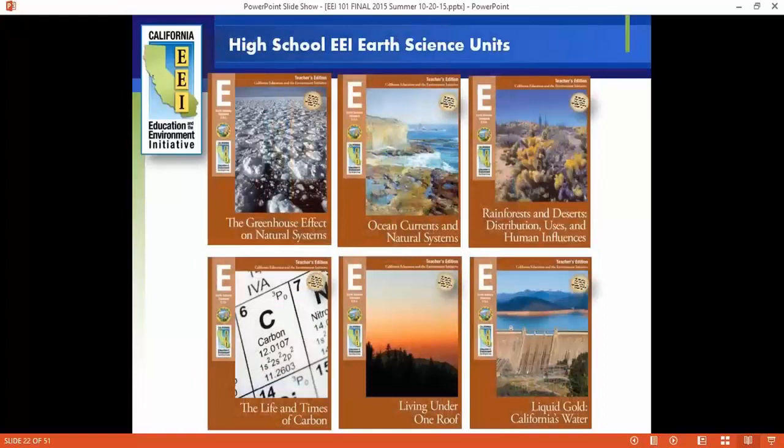High school earth science units, looking at the greenhouse effect, carbon cycles. One of my favorite units is Liquid Gold, again really relevant with the drought going on, but it really explores why is there more water in the northern part of the state rather than the south, and how do we get the water down to the southern part of the state.